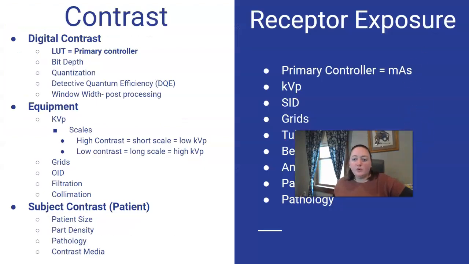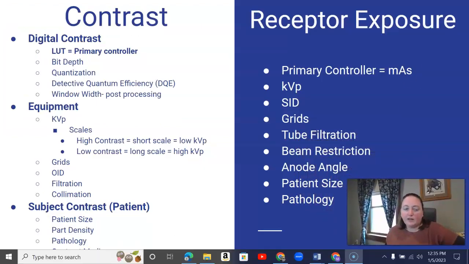Okay. So just a little roundup here for receptor exposure. We know our primary controller is mAs. kVp, remember kVp is really going to come into play with the 15% rule here. We could be asked about how our SID, increasing or decreasing SID, affects it. And just remember those, right? Increasing SID is farther away, decreasing is closer.